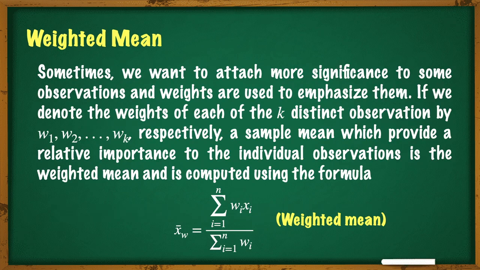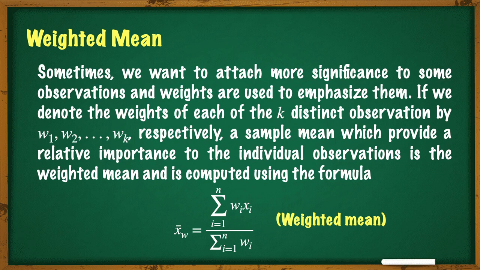Sometimes we want to attach more significance to some observations, and weights are used to emphasize them. If we denote the weights of each of the k distinct observations by W sub 1, W sub 2 to W sub k respectively, a sample mean which provides a relative importance to the individual observations is the weighted mean.